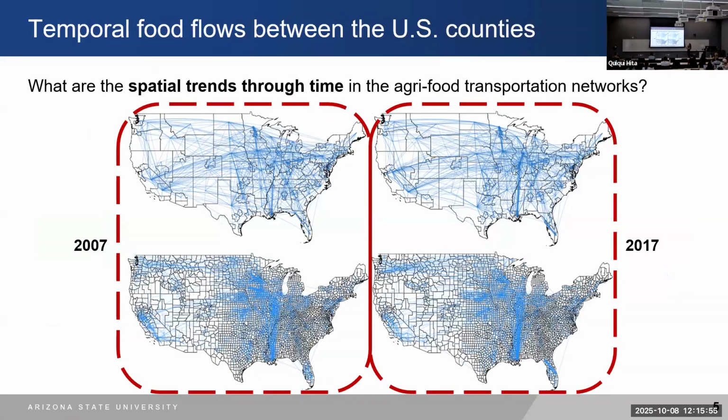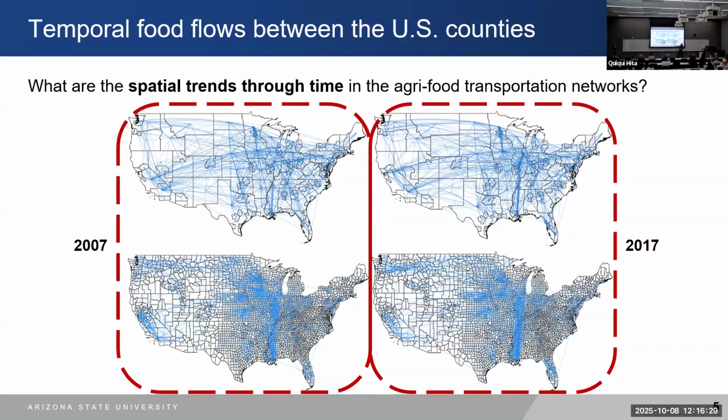So the first row is what the government reported at the FAF level. How does food move over a decade? And the second row is what we estimated at the county level. And we thought our spatial trend seems to be matching really well with the empirical level. We see that in both cases, the Mississippi River and Midwest pop up as the major food transit locations because those are the ones mainly supplying the food and sending it abroad, right?